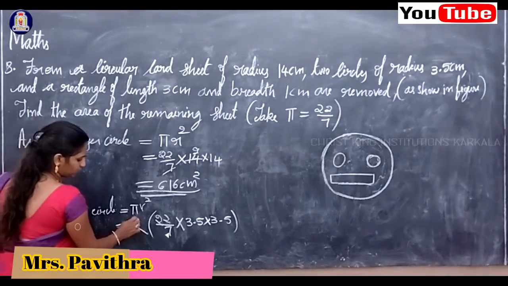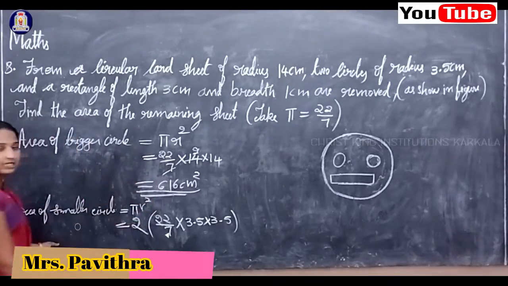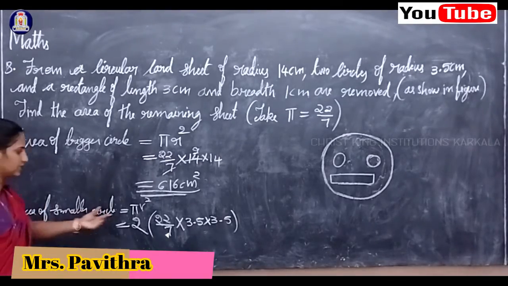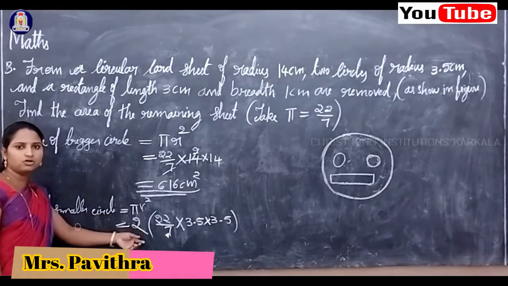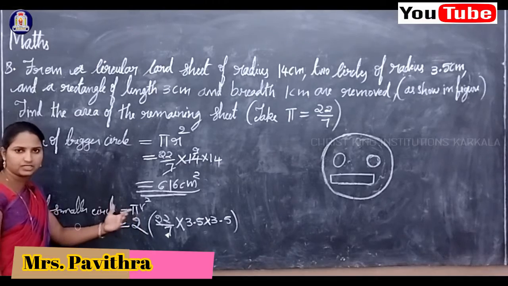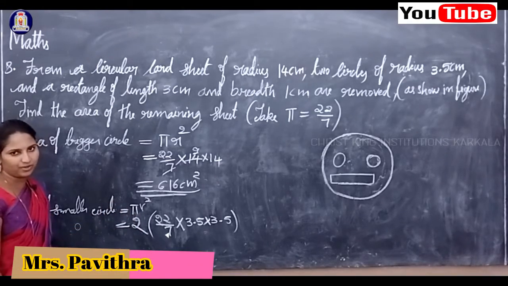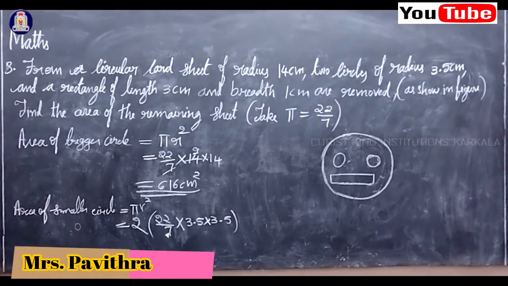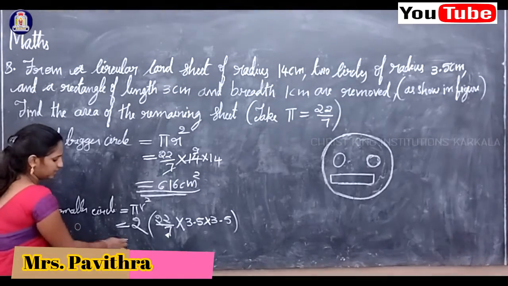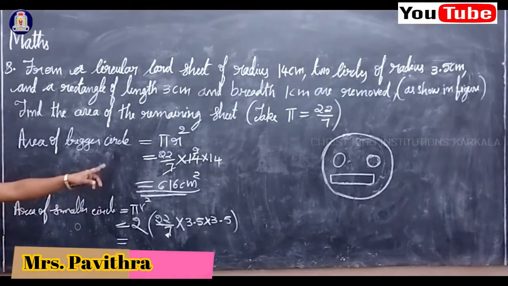Here I wrote 2 because there are two smaller circles. One circle is pi r square, plus pi r square, that is 2 pi r square. Together you can find the answer, because both smaller circles have radius 3.5.